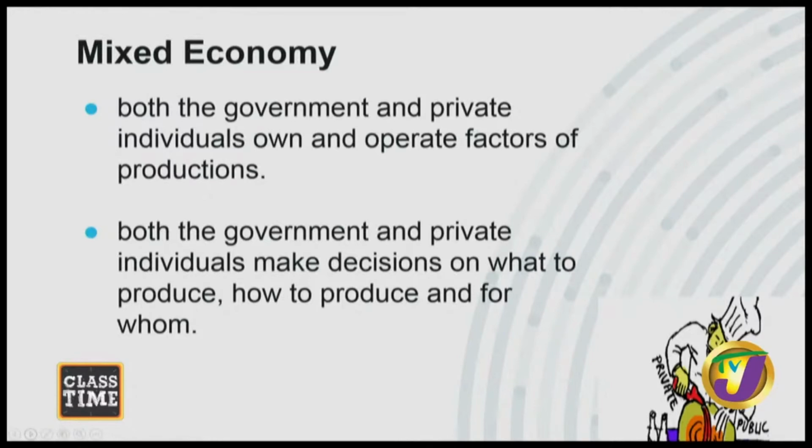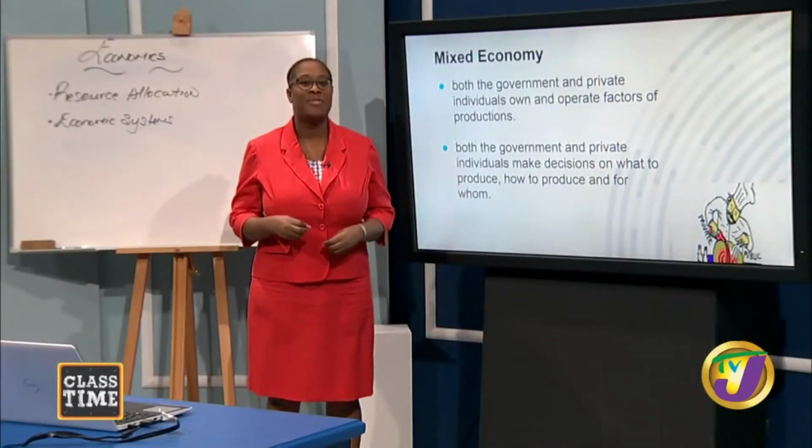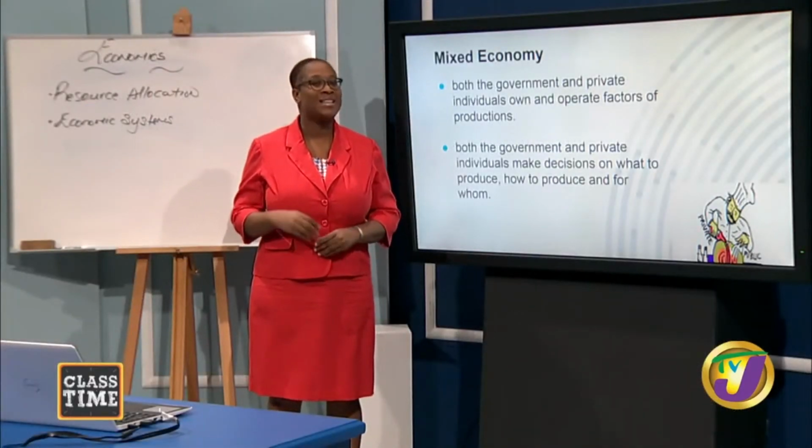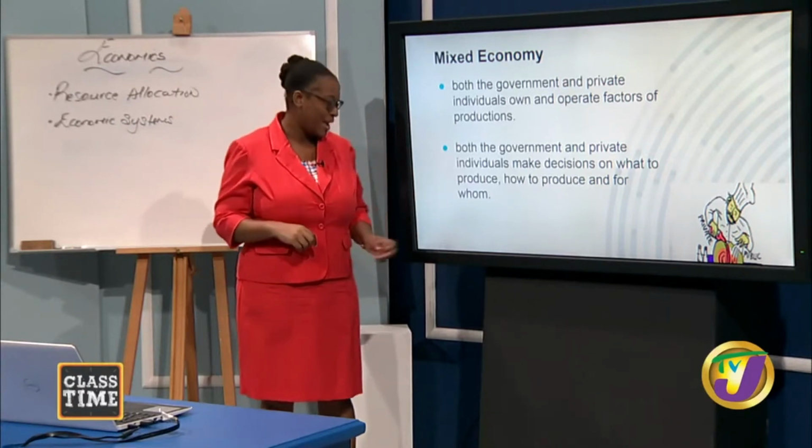Now, both the government and private individuals make decisions on what to produce, how to produce, and for whom. So you'll find that there's a balance now within the economy. The government will provide mostly the basic needs and necessities, and the private firms will provide the wants. Needs versus wants, right?